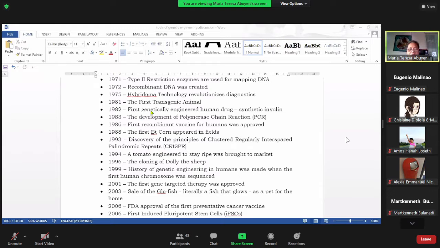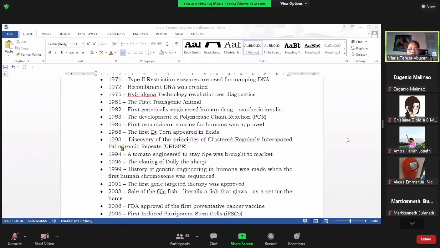So the first transgenic animal was discovered in 1981. The first transgenic animal. Okay. The first BT corn, do you still remember the BT corn? Bacillus thuringiensis corn that is resistant to pests, it was discovered in 1988.